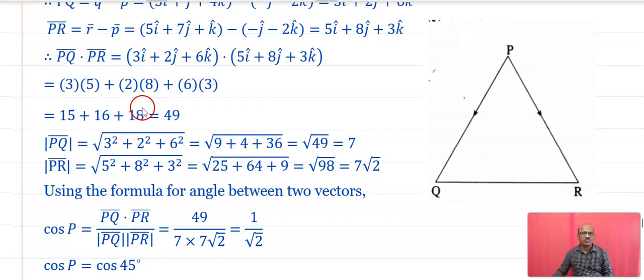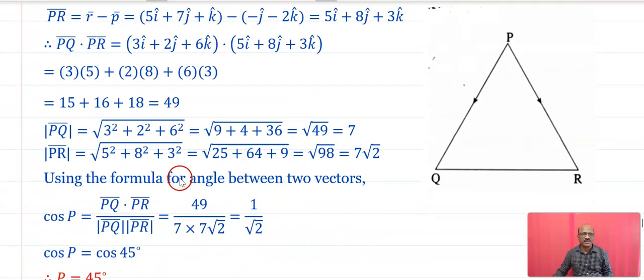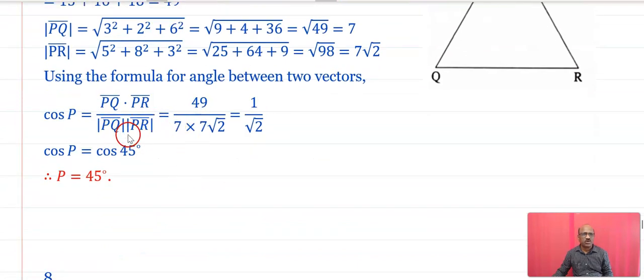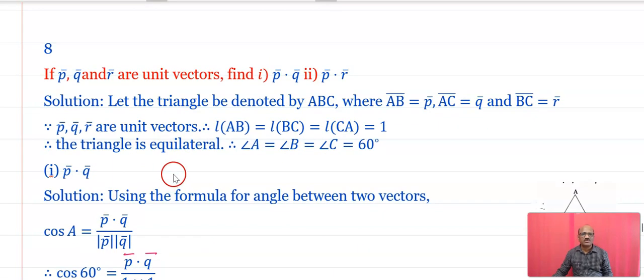Their dot product was 49. 49 upon mod of PQ, which is 7, and mod of PR bar, which is 7 root 2. 7 into 7, 49. 49 upon 49 gets cancelled, 1 upon root 2. That is cos of P equals 1 by root 2, which means cos of 45. Hence P is equal to 45. Now the next problem.